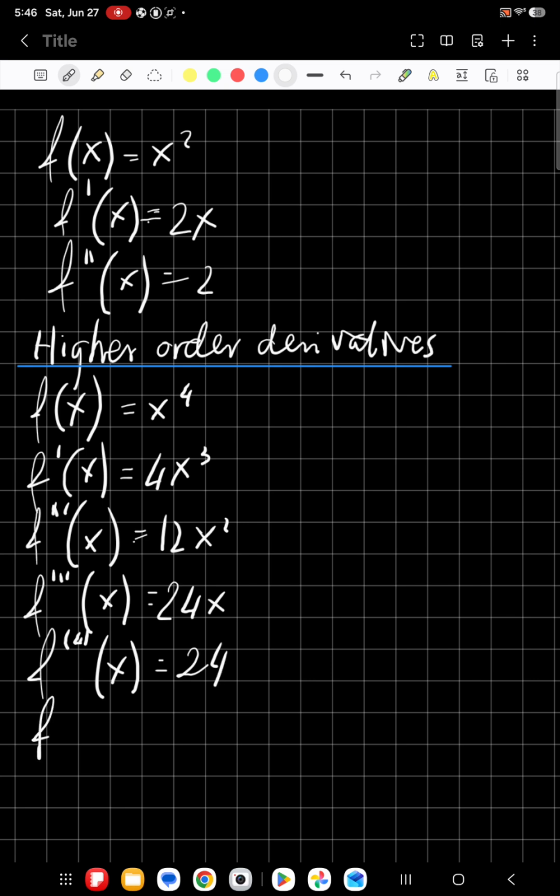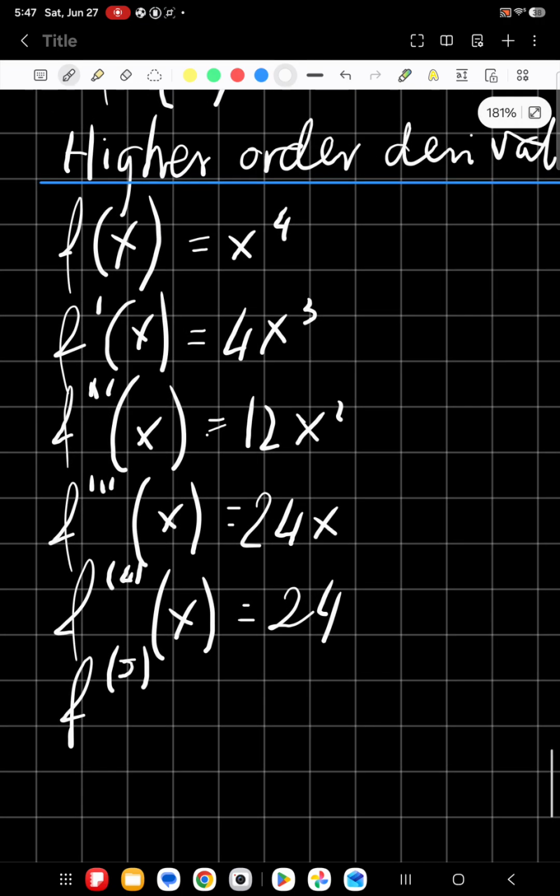And then the fifth derivative, 5 in parentheses, a little 5 in parentheses above that f. And that's 0.